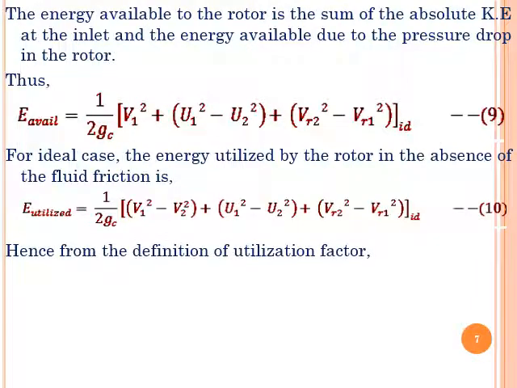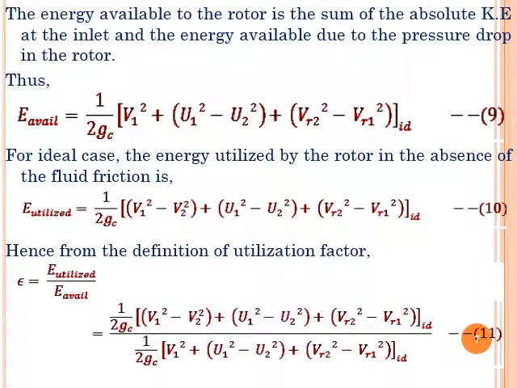Hence, from the definition, the utilization factor is given by the ratio of energy utilized to the energy available. The utilized energy, in the numerator, is 1 by 2 Gc times (V1 square minus V2 square plus U1 square minus U2 square plus VR2 square minus VR1 square).